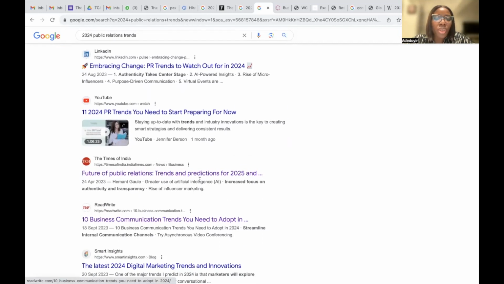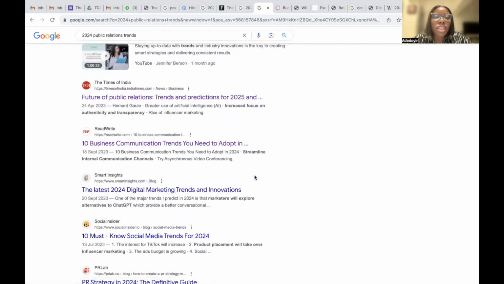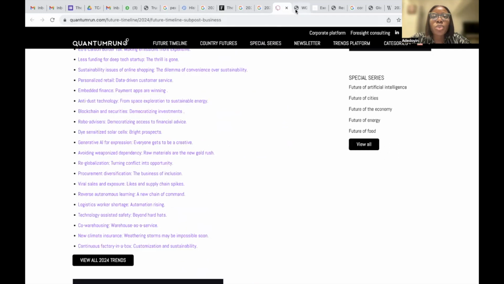Future of PR, trends and predictions for 2025, AI, authenticity and influencer marketing. So you can just begin to say, how do we want to apply this? You don't try and apply everything, no. The idea is just get the information, see what's relevant to you, see what you can focus on based on your organization's context and what it is that you want to achieve.